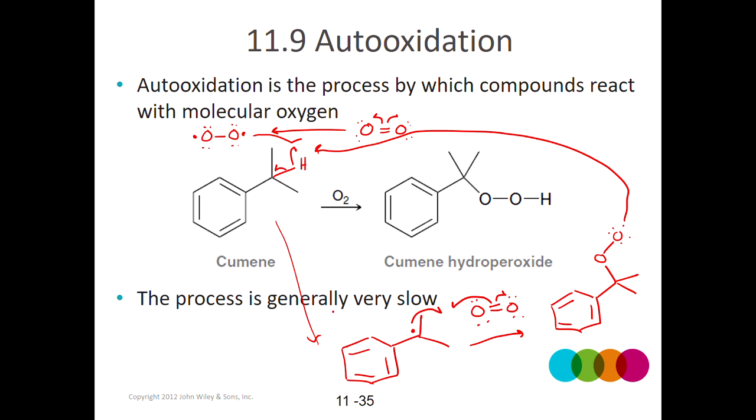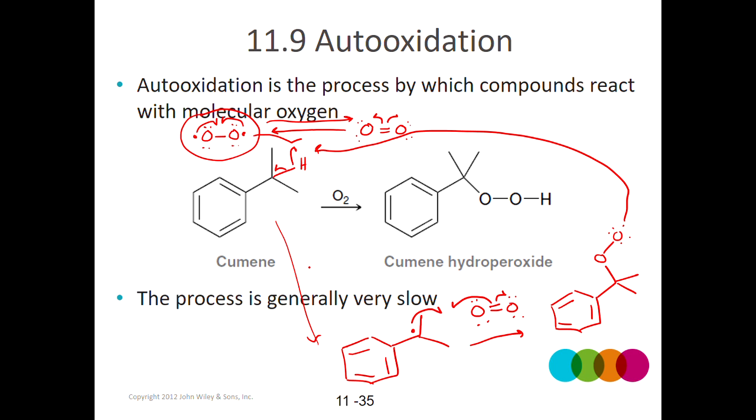So this is a relatively slow process because most oxygen molecules don't exist in this form, and when they do form in this way, they usually just come back together to form O2, but once in a while it will collide and start this chain reaction off. And since it's a chain reaction, as the reaction occurs, this radical can then pick off another hydrogen and start another radical here, and then that can react with oxygen, etc. It can go in a cycle over and over again.